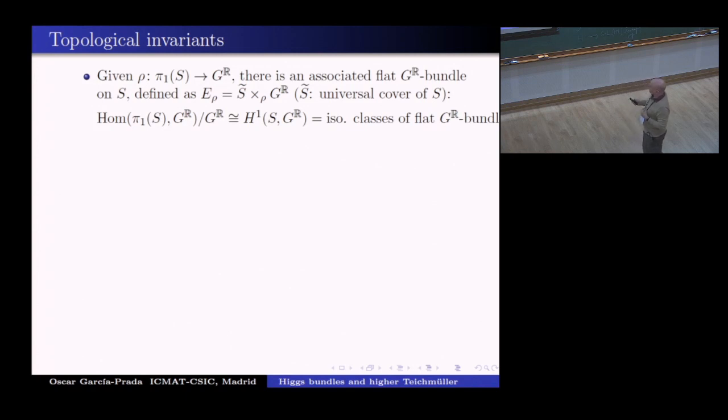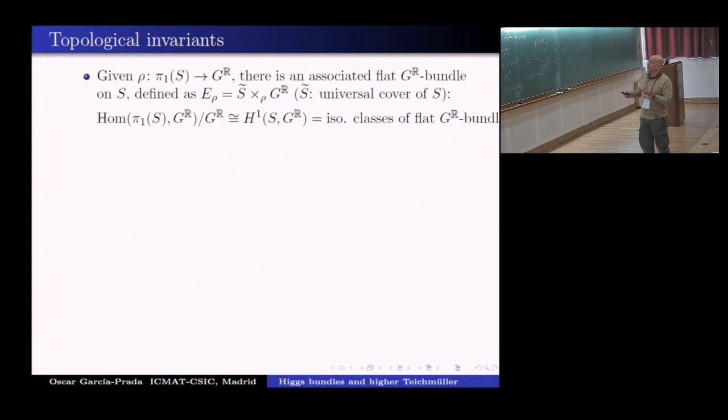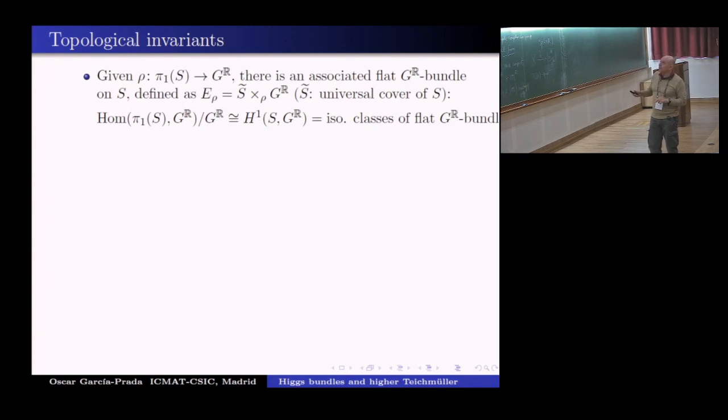As I said before, if you have a representation, you can associate a flat GR bundle, defined by taking the trivial GR bundle over the universal cover and quotienting by rho, by the action of pi1 of S. This is a very basic thing that is general for any manifold, not just for surfaces: the set of conjugacy classes of representations of the fundamental group in GR is the same as the cohomology set, H1 of S with coefficients in GR, that parameterizes isomorphism classes of flat GR bundles. This cohomology set in general is not a group unless GR is abelian, okay?